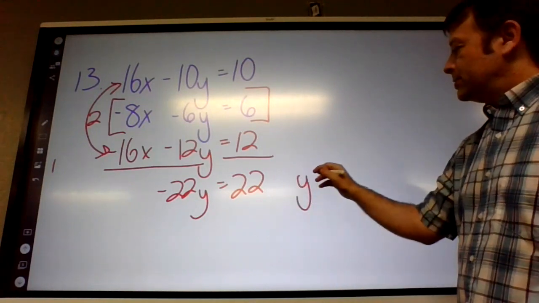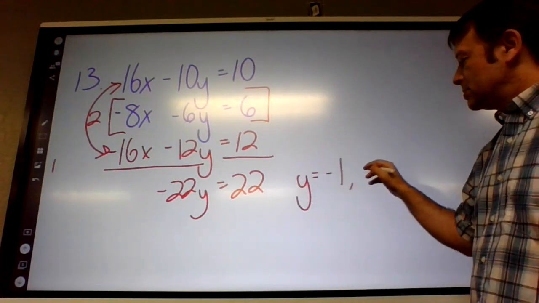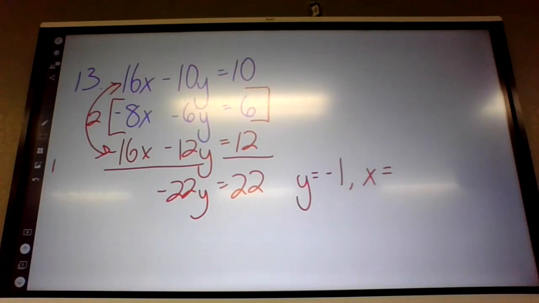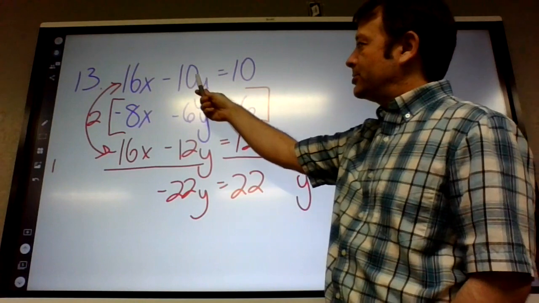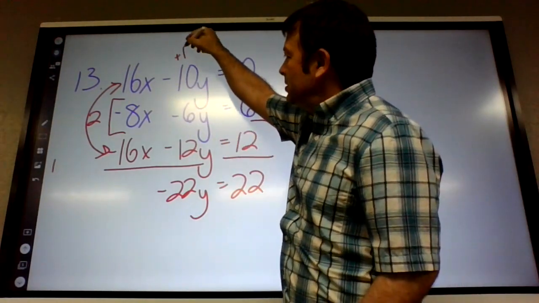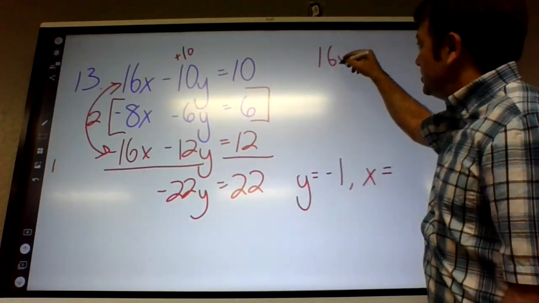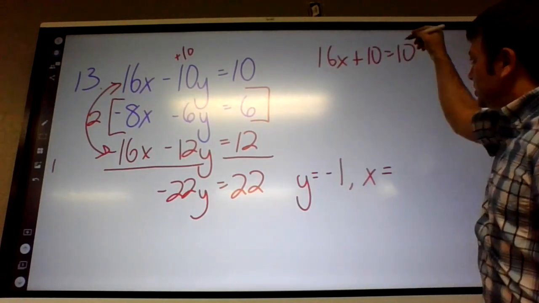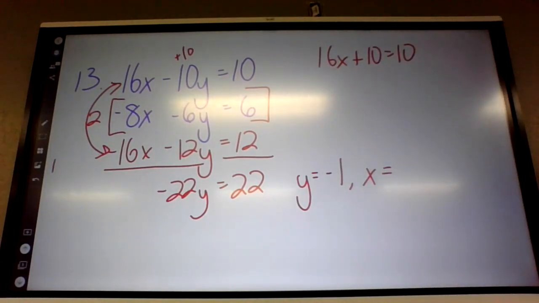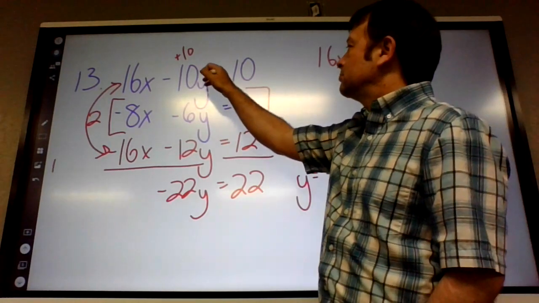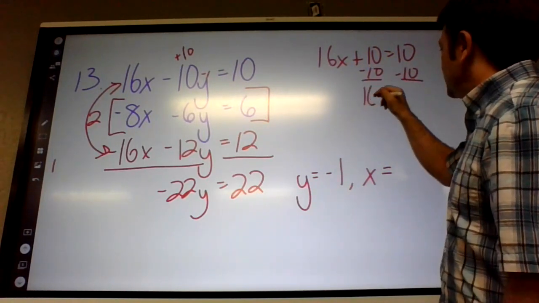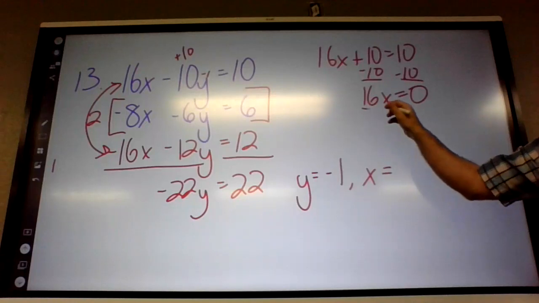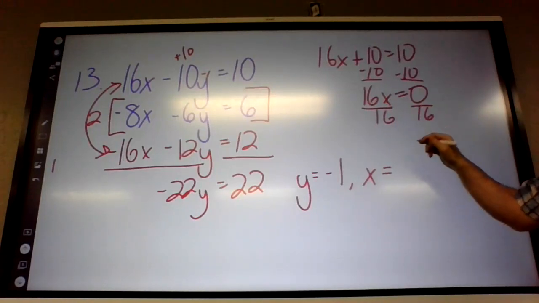So y is negative 1. If I plug negative 1 right here, negative 10 times negative 1 is positive 10. That's radical. So subtract 10, 16x equals 0, which means x is 0.